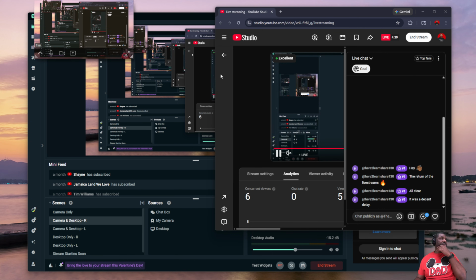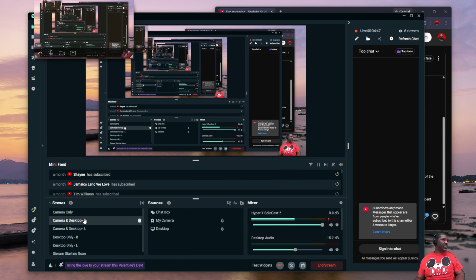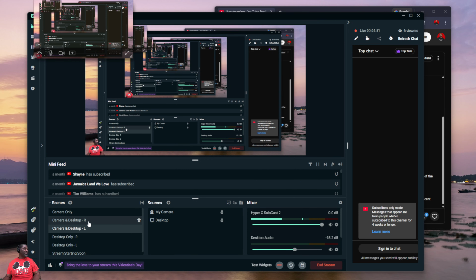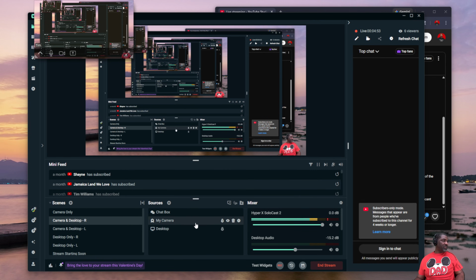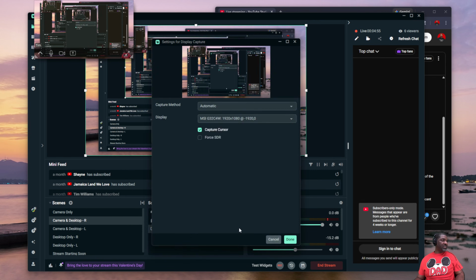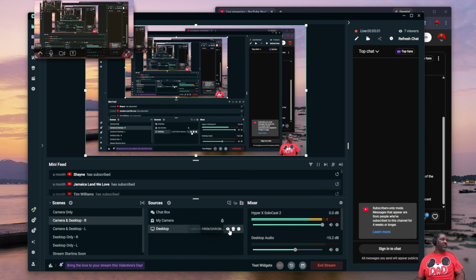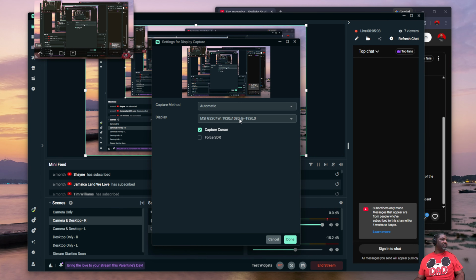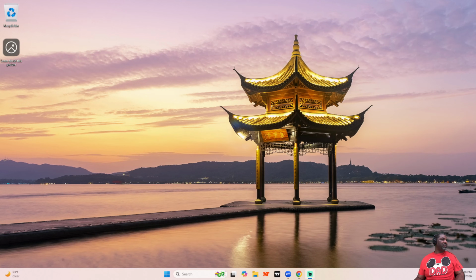Wait a minute. Which screen am I sharing? That's supposed to be the right screen. Why does that keep going to the wrong screen? No, that is the right one. Wait a minute. Premiere. Okay. Why is that not saving over there?